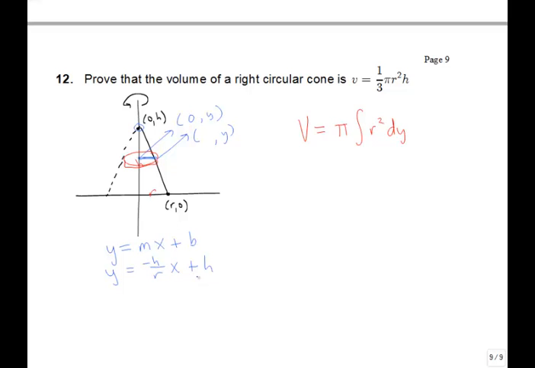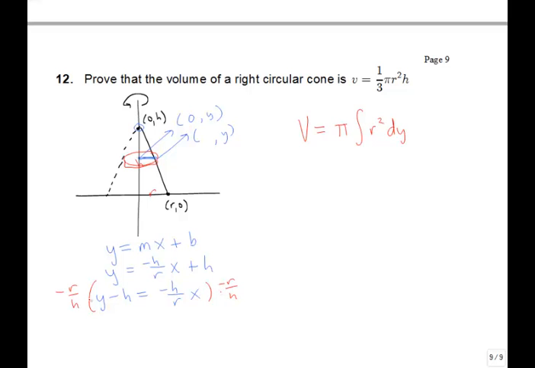Now the only problem with this is that we need to solve this for x in terms of y so that I can substitute that into my ordered pair up here. So how do I solve this for x? Well, the first thing I'm going to do is subtract my h over to the left-hand side to get my x term by itself, and now I want to get rid of this coefficient. So what I'm going to do is multiply both sides of this equation by the reciprocal, which would be negative r over h.